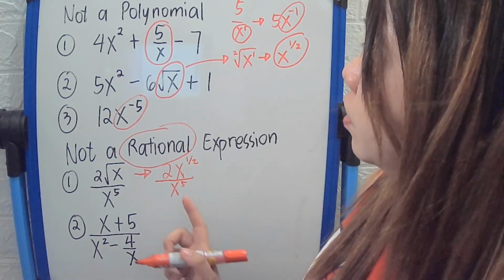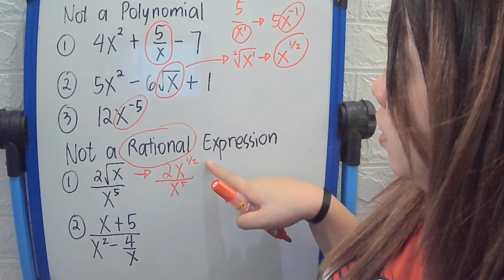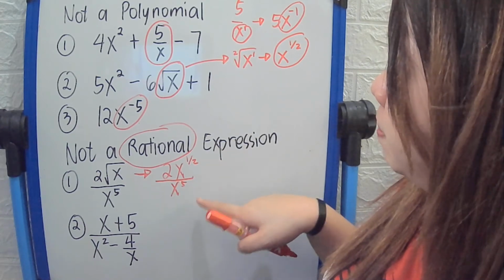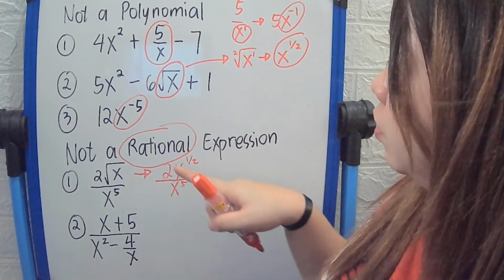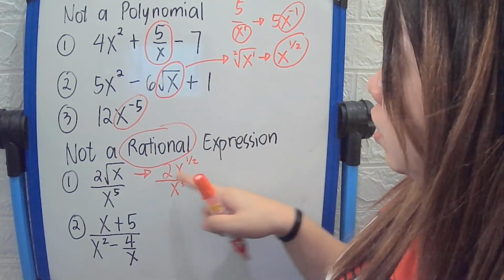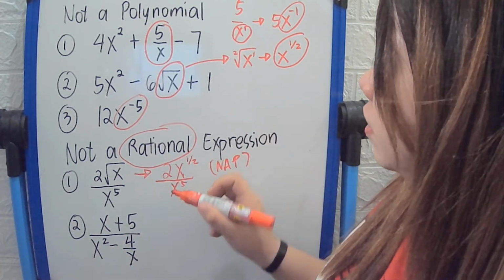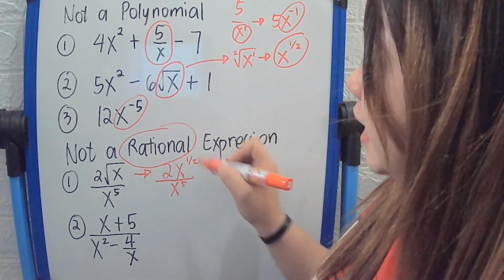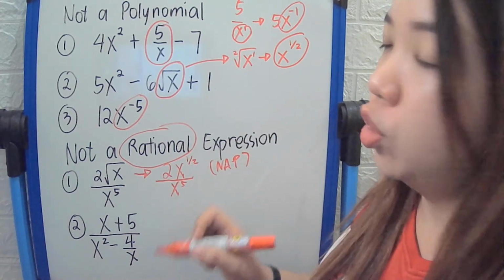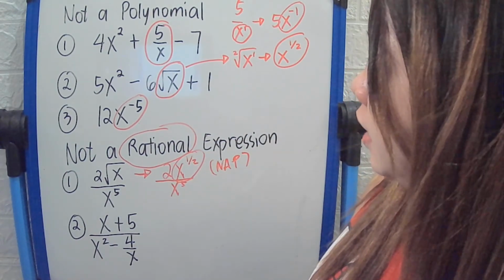So same goes with not a polynomial. The numerator and denominator must be both polynomials for you to say that it is a rational expression. But since your numerator is not a polynomial, meaning to say the whole term is not a rational expression because of this. The exponent is in fraction form.